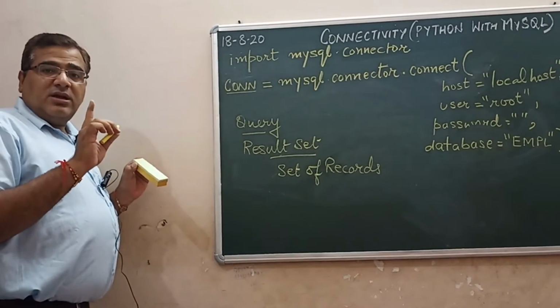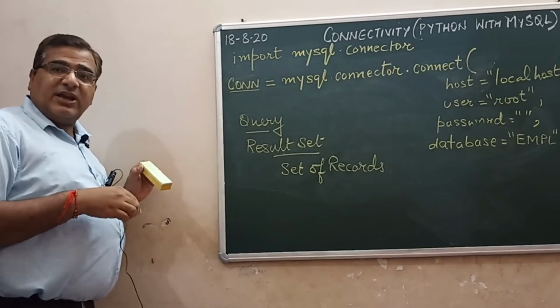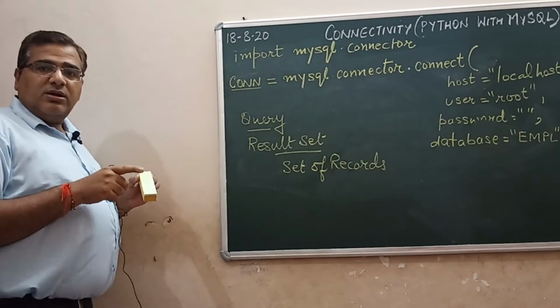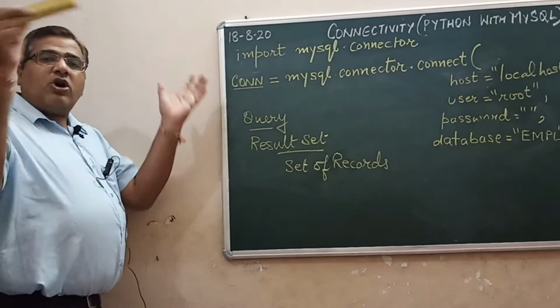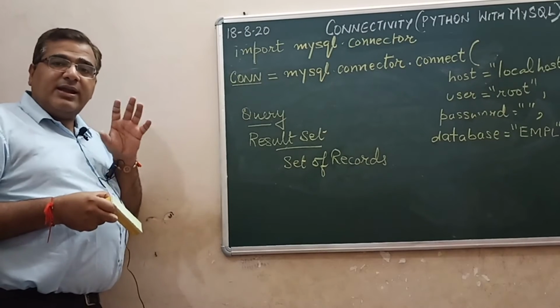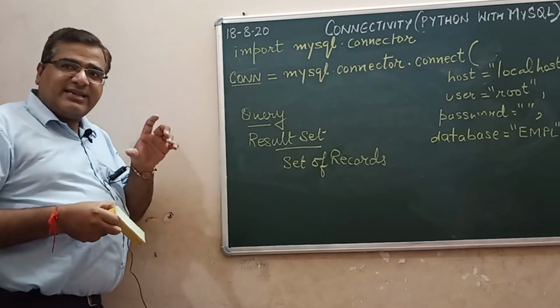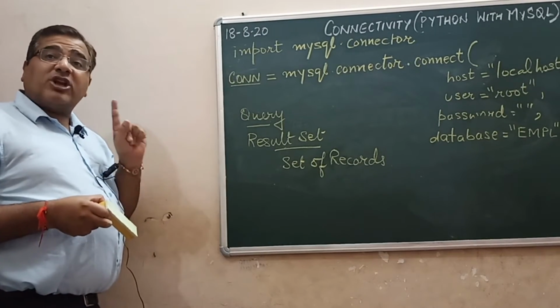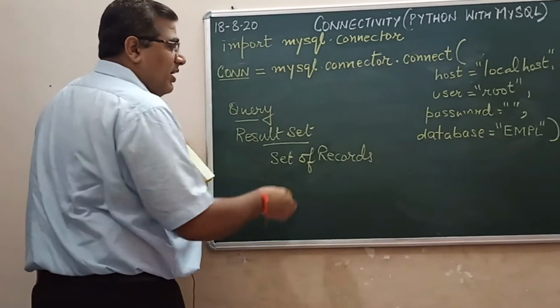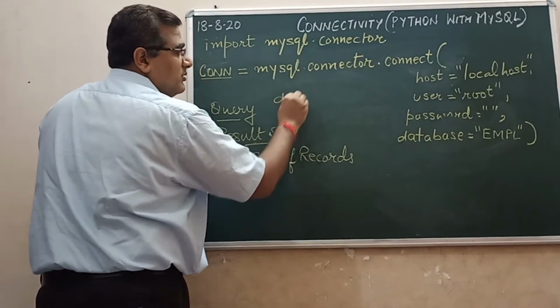But you need to access the records one by one. You don't want to access a block of records. Rather, you need to access one record at a time. For that, you need to have a database cursor.